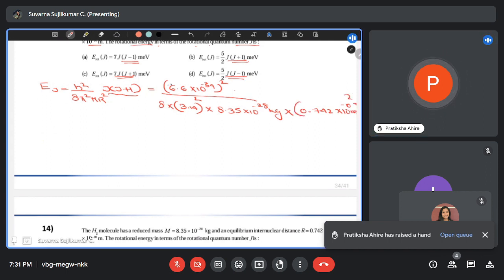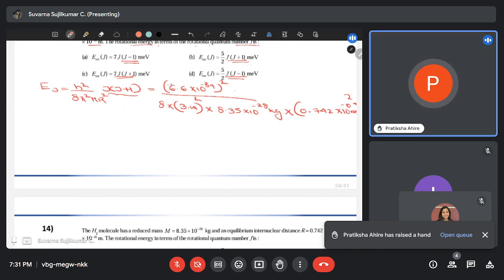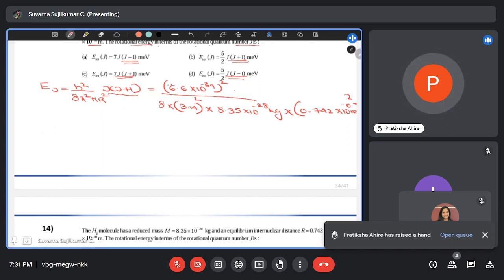One should make sure that all the variables are in SI units, or your answer will be wrong.